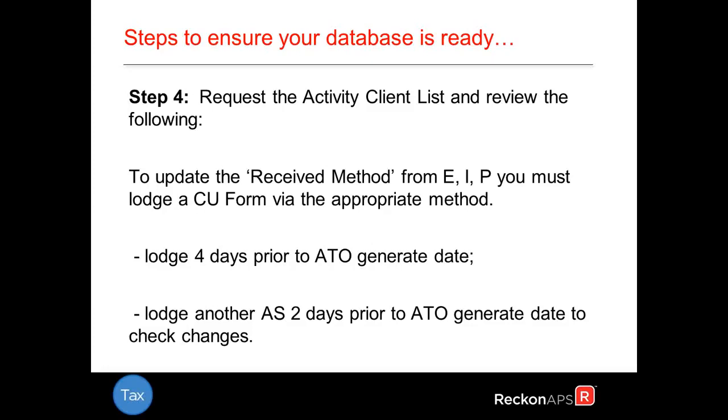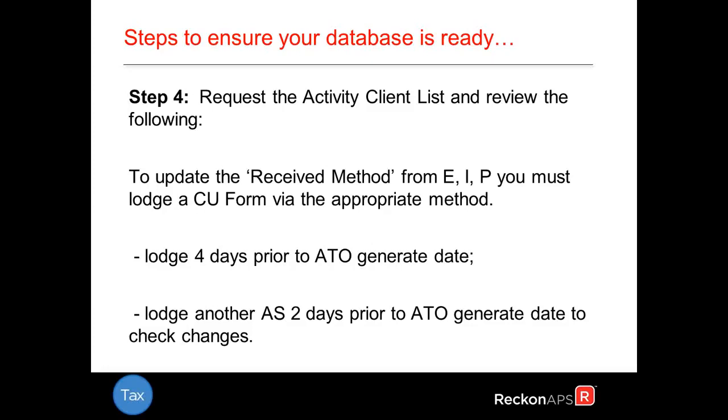The whole idea is to request the AS report approximately 4 days prior to the ATO generate date. And the whole idea is that you will have sufficient time to go through that report and make any relevant changes that you need to make prior to the ATO generating the AB and AI reports.